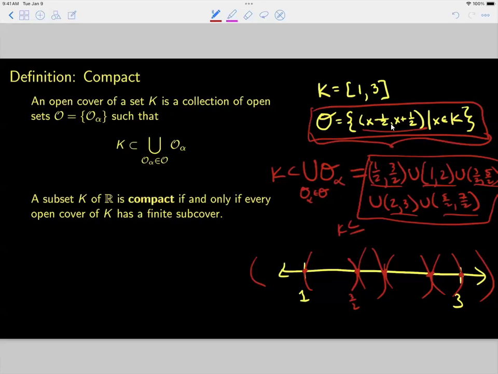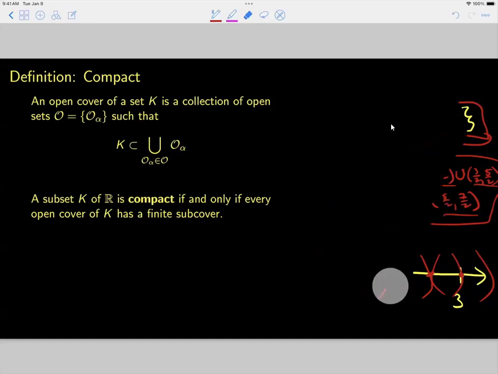I mean, how would you ever possibly write down every open cover? So you're not ever going to prove this by exhaustion, by just looking at all of the open covers and saying, "Oh, okay, great. All of them have a finite subcover, sure." But at least this gives you an idea of some of the mechanics for working with these things. All right.